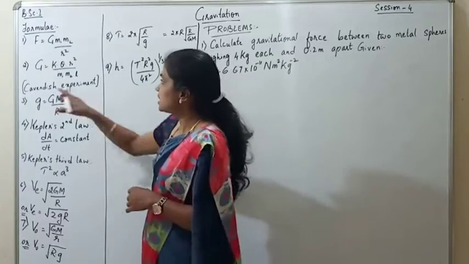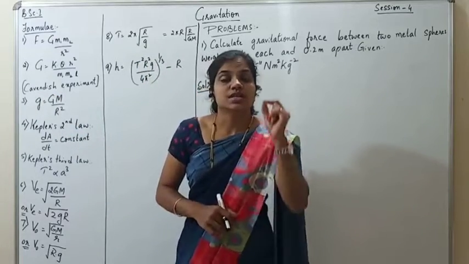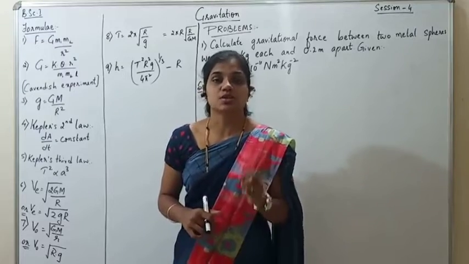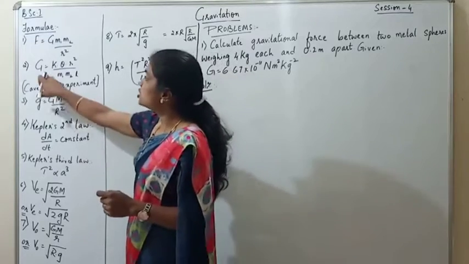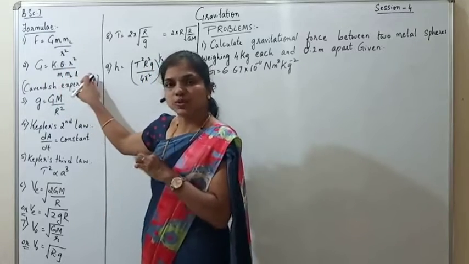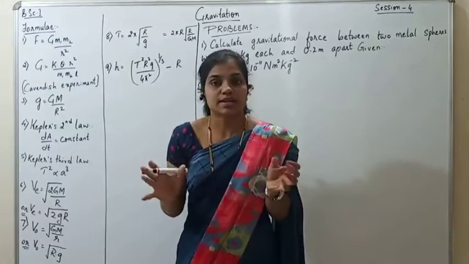Right? Secondly, from the Cavendish experiment, we are going to give the formula of gravitational constant, and that is G is equal to k theta r square upon m1 m2 into L. So if you remember the Cavendish experiment, we have two metal spheres.